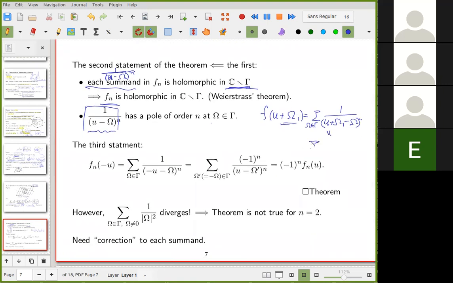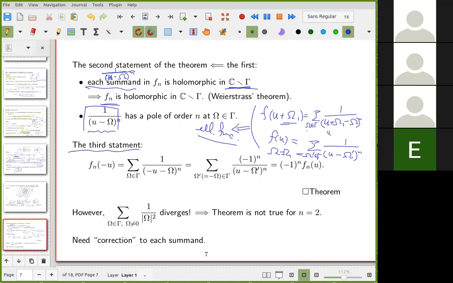And by shifting omega by omega 1, we have a one-to-one correspondence between gammas, the lattices, and so this is again f of u. So the periodicity is almost evident from the construction.